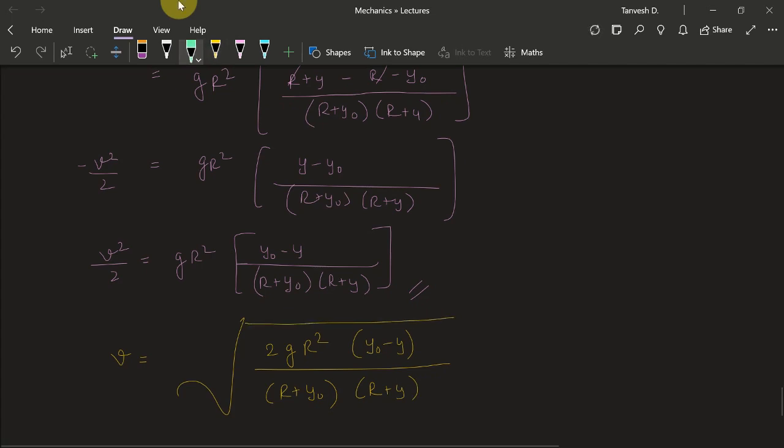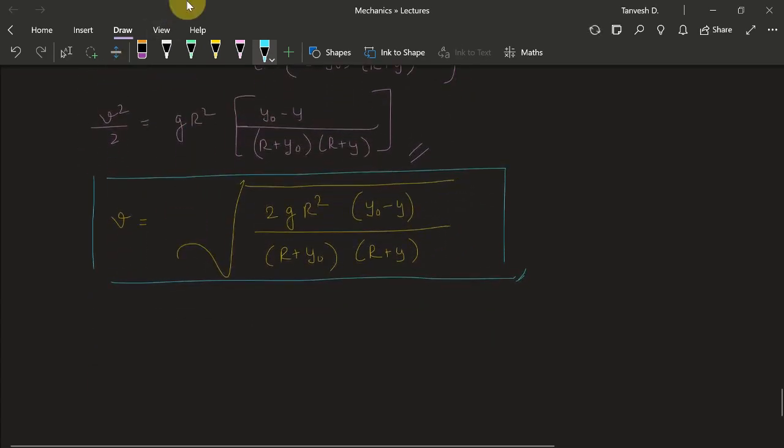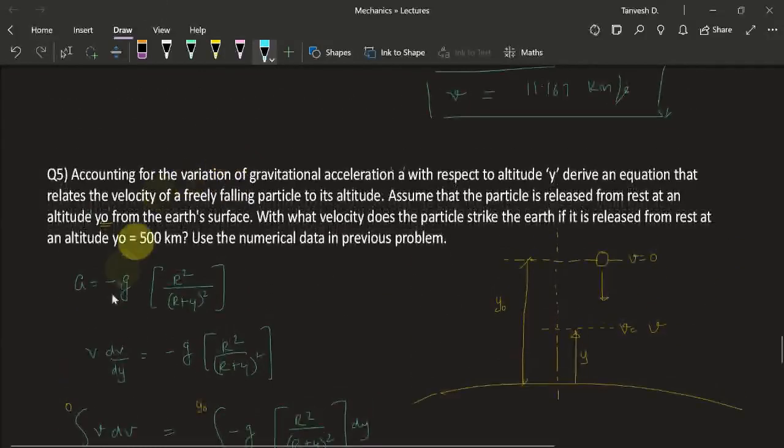This is the final equation that we would get for velocity. Now it is also asked in the question to check what is the velocity with which the particle strikes the earth if it is released from rest at an altitude y0.